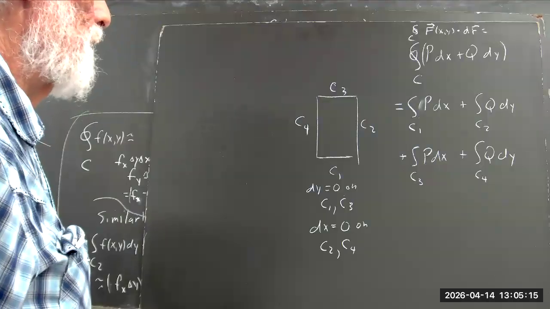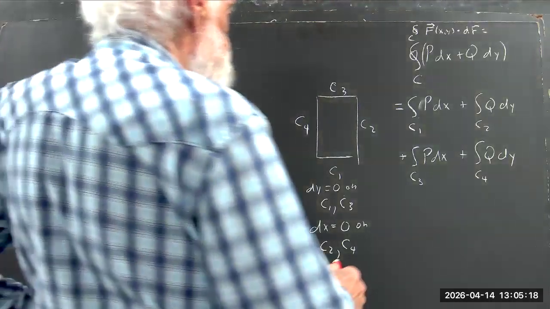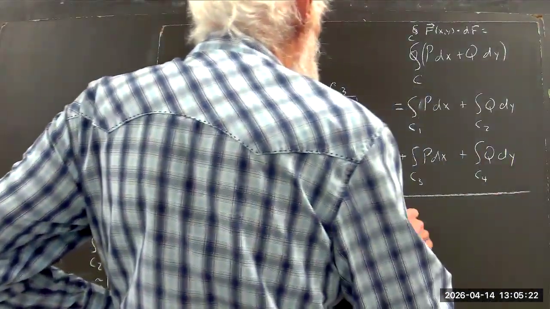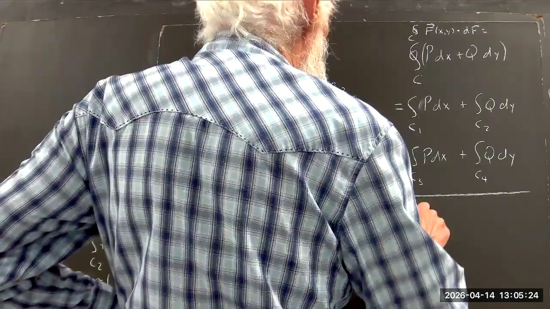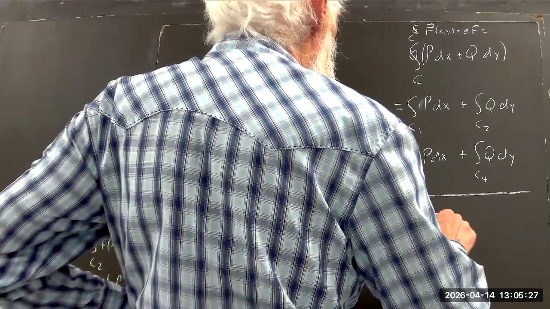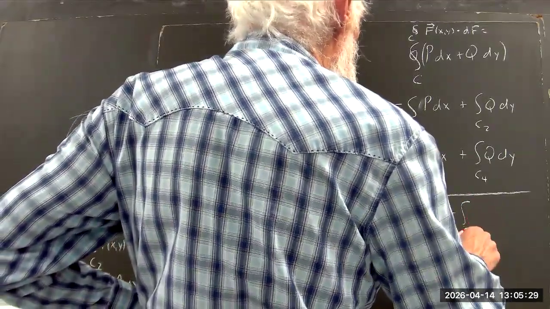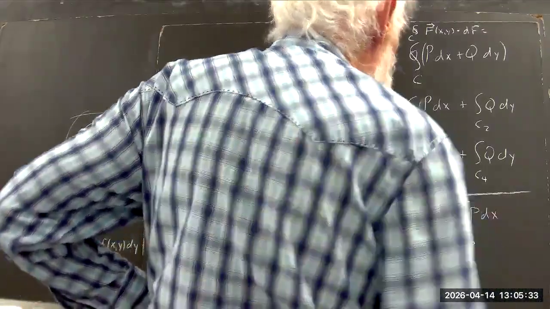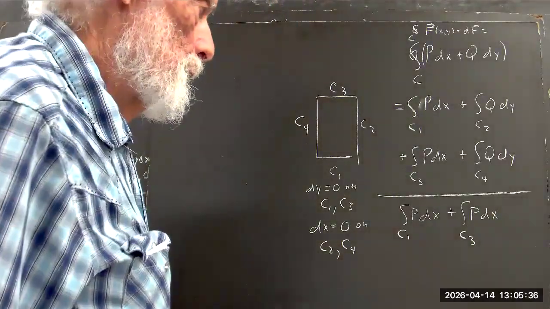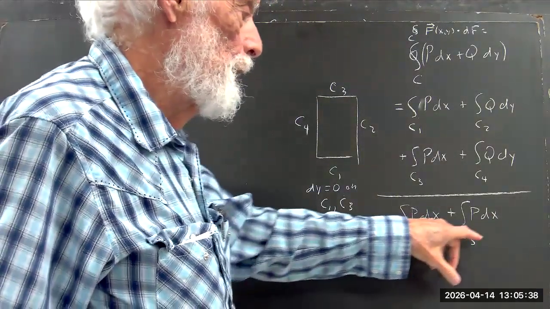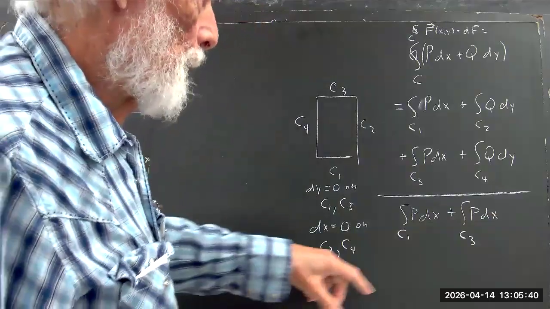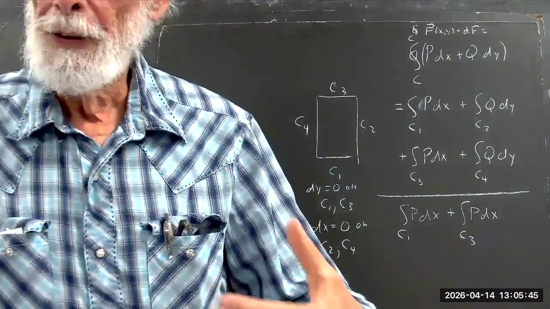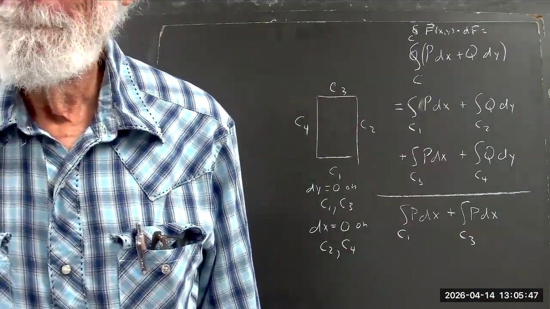Now, by what we've said, the integral of P dx over C1 and over C3, remember, they're going in the opposite direction, so your dx might have an opposite sign.